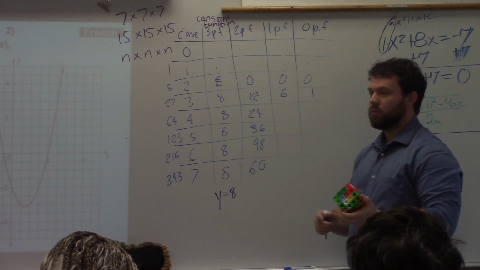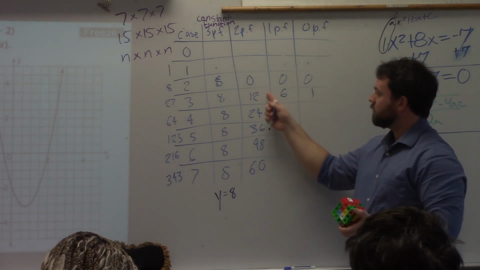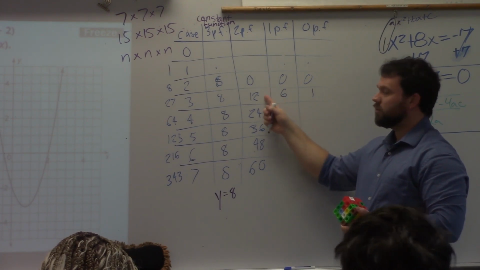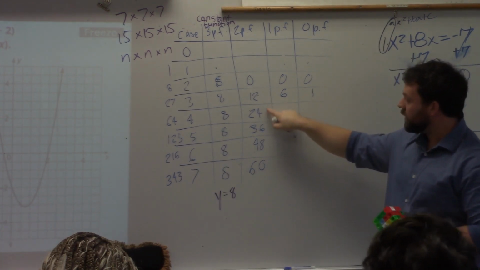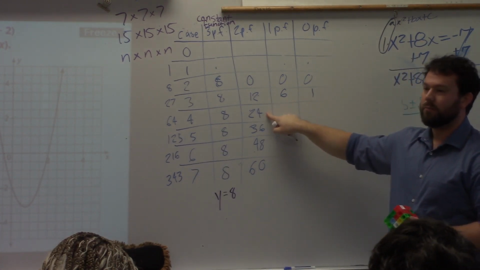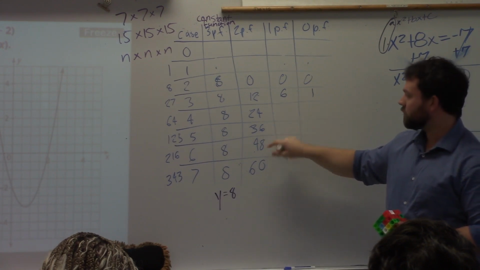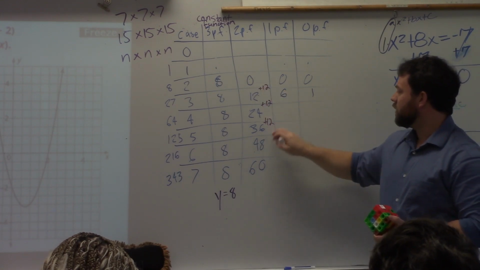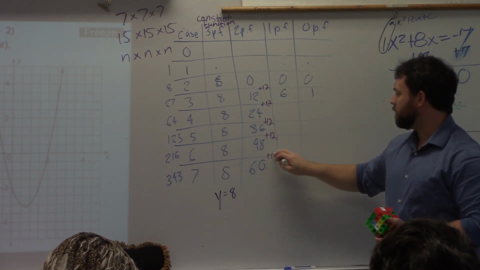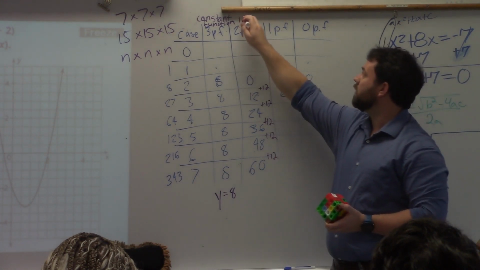Is it doubling? Is 0 times 2 12? So we need to be careful, right? There's this one case where it was doubling, but is that what it's always doing? It's adding by 12. So what type of function did we say this was going to be? We said this was going to be linear.